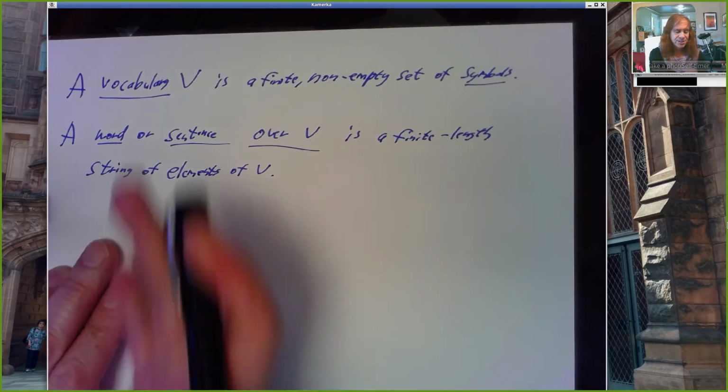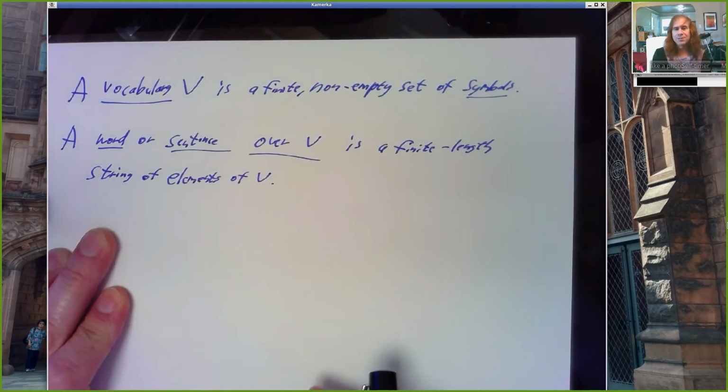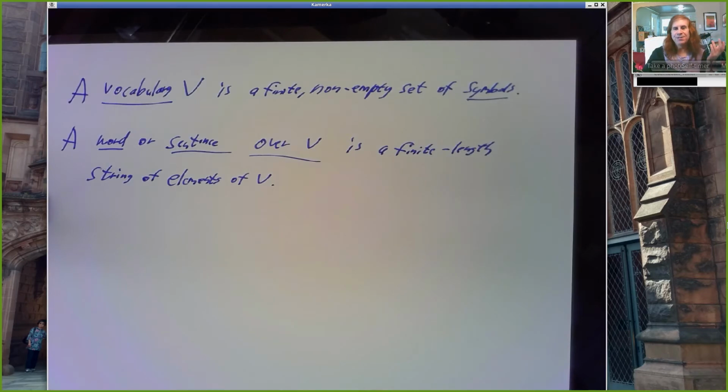But it's a string, it's not a set, right? So the same symbol can occur more than once. So think of your vocabulary as being the ASCII character set, and then a word would just be a string of characters.